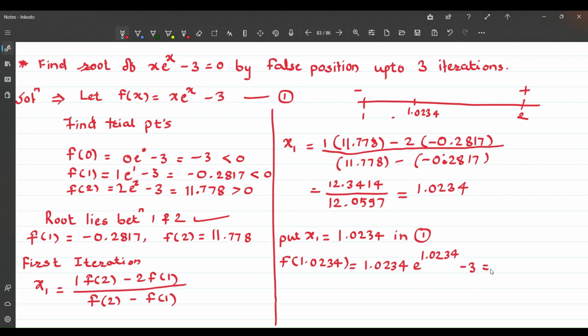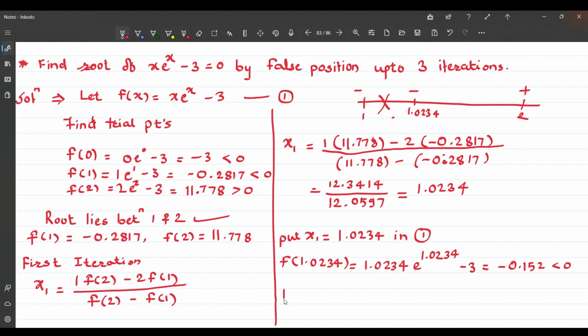Using the calculator, the answer is minus 0.152, which is negative, that is less than 0. So this negative side will get cancelled. The new interval is 1.0234 and 2.